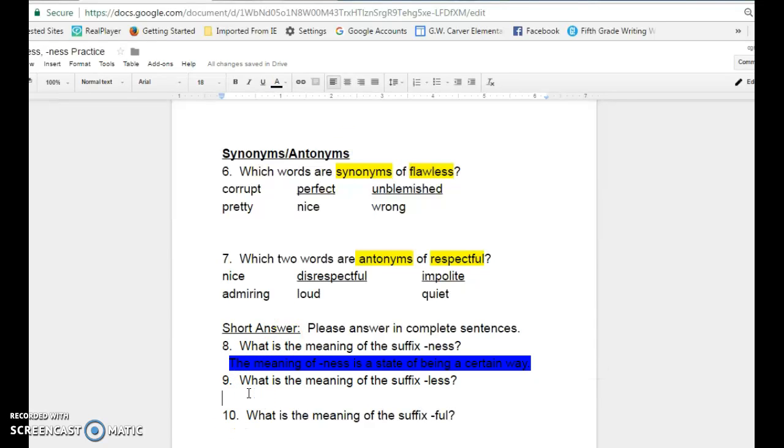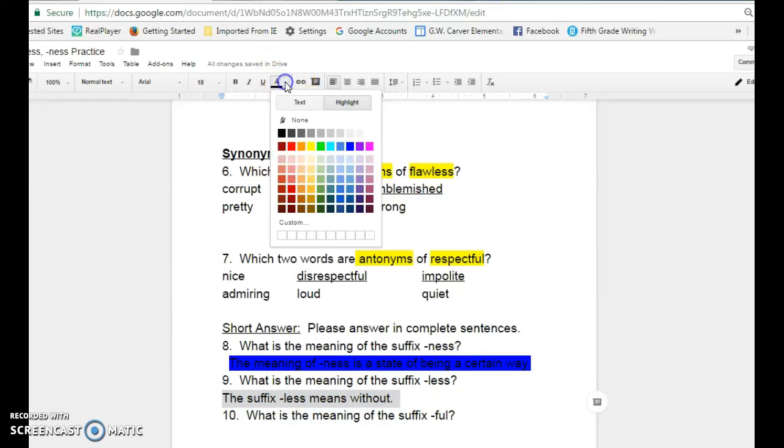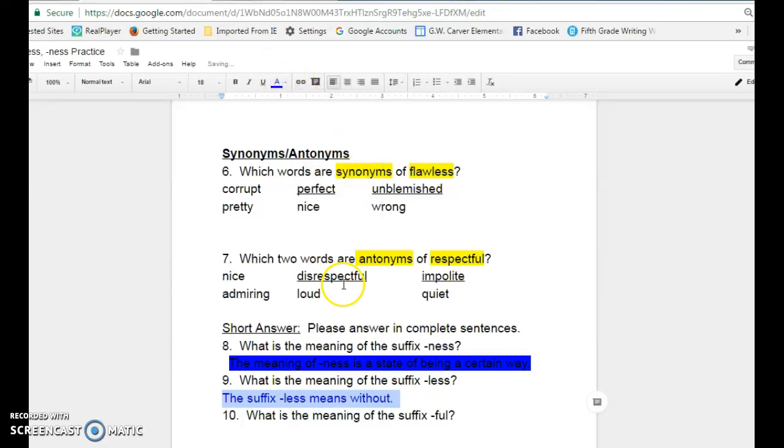Oh, sorry. What is the meaning of the suffix less? The suffix less means without. All right, and then what is the meaning of the suffix ful? The suffix ful means full of.